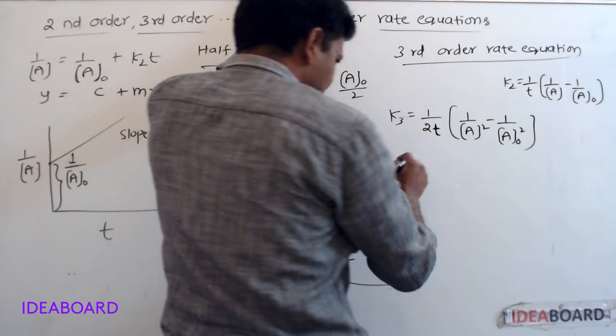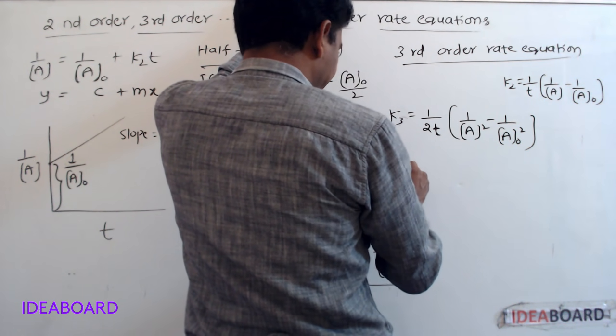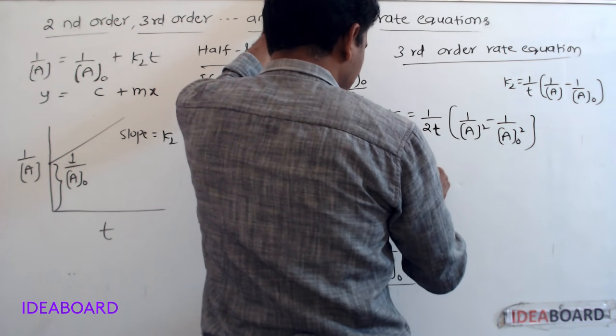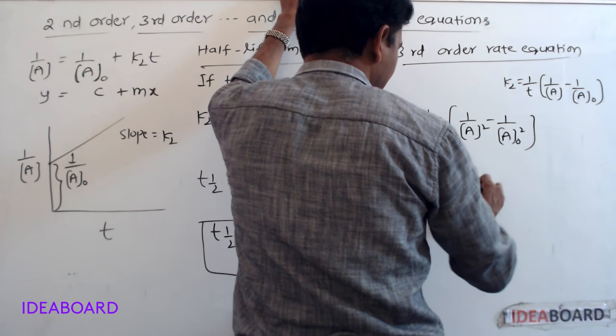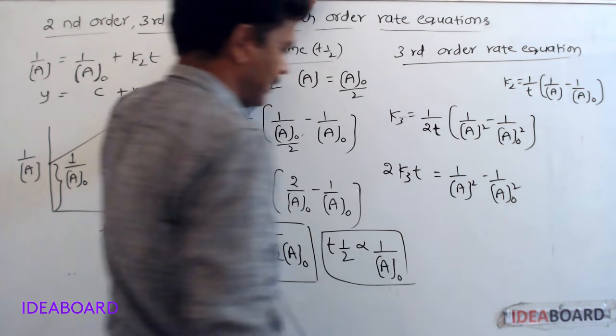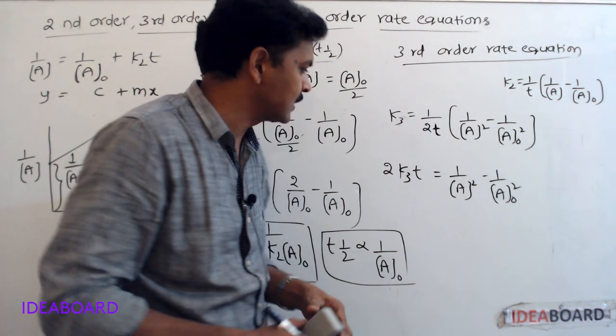From this, I am writing like this: 2K3T is equal to 1 by A square minus 1 by A naught square.